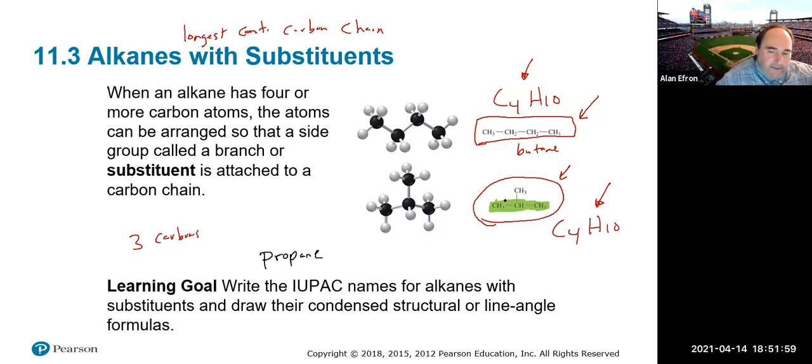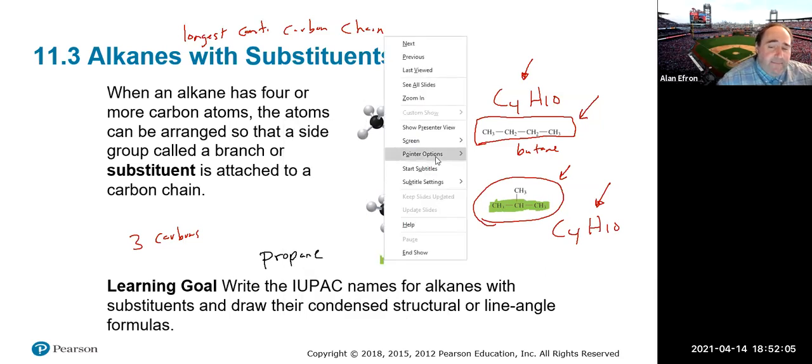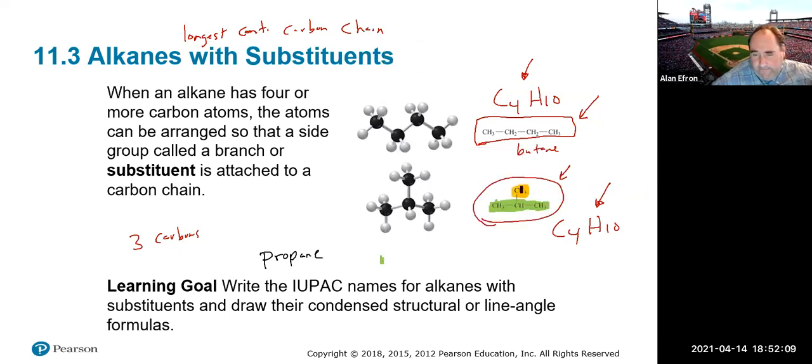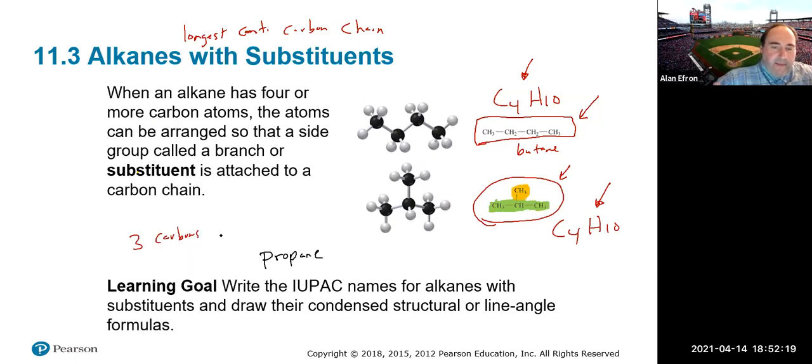But there's still something else attached to that main chain. And that is this guy up here, this 1 carbon unit, which is what is referred to as the branch part of it. That little guy right there is not part of the main chain, but it's attached. That is what is known as a substituent.